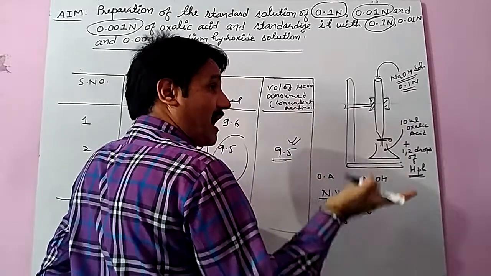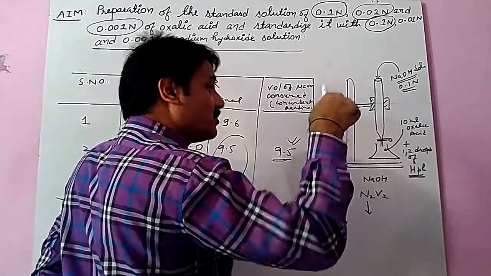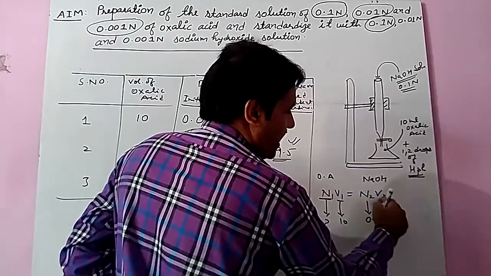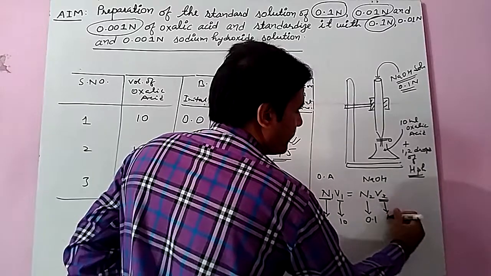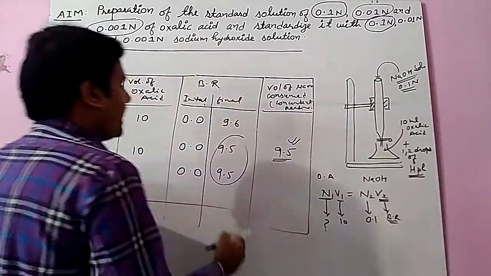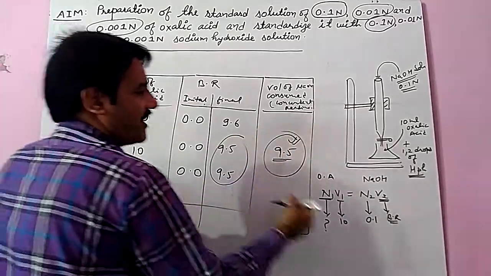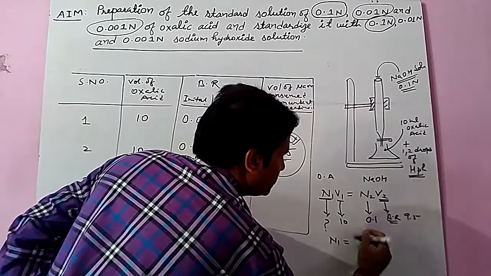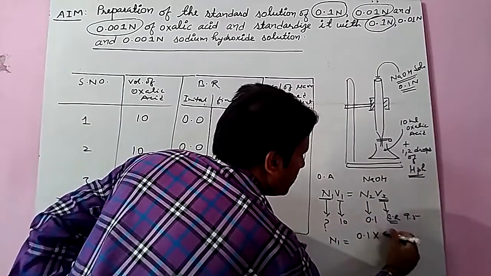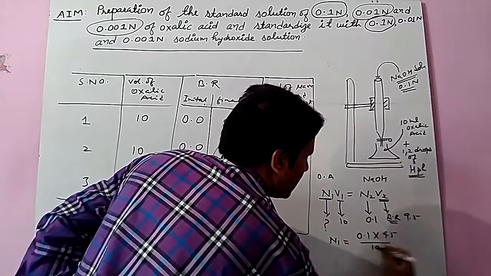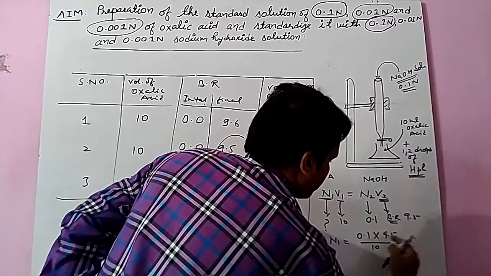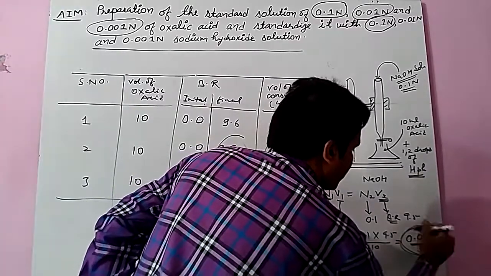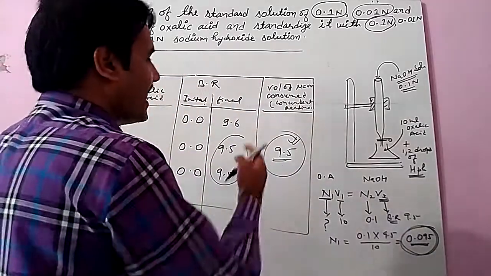We always practice for NaOH standardized just opposite to oxalic acid. So here N2 is fixed 0.1 and V2, that is the burette concordant reading, is 9.5. So N1 is equal to 0.1 into 9.5 divided by 10, and it is found 0.095. So the observed value by the experiment is this.